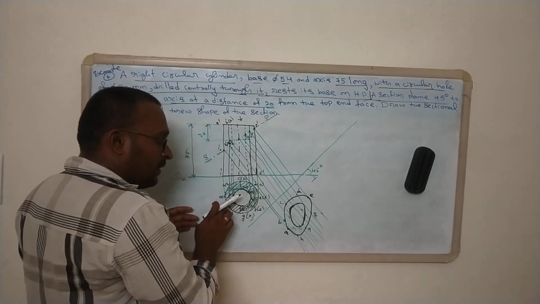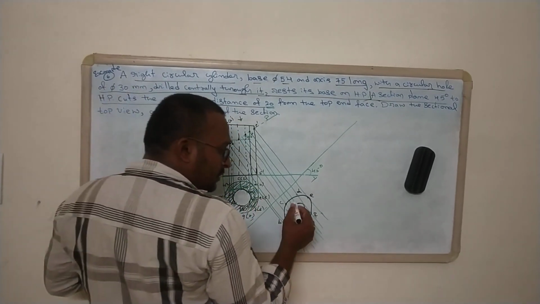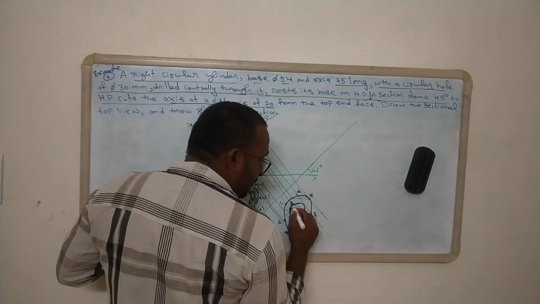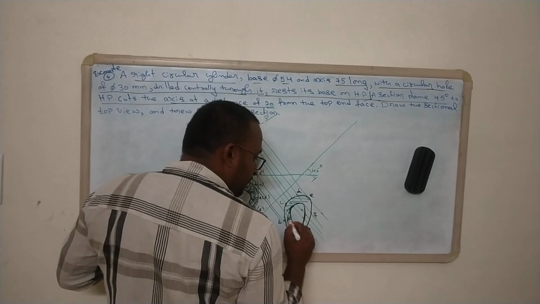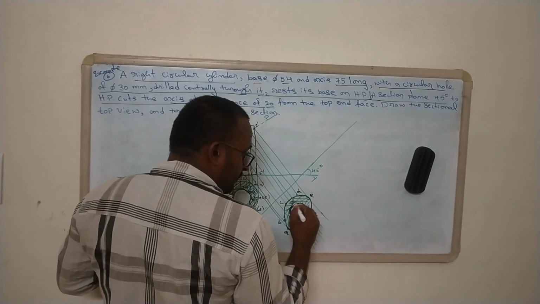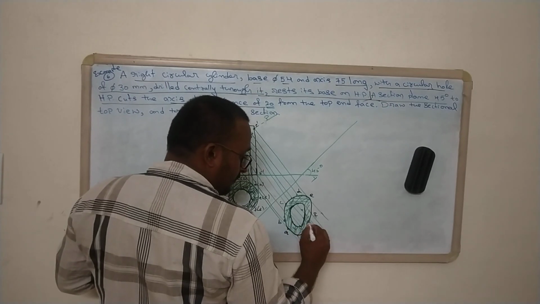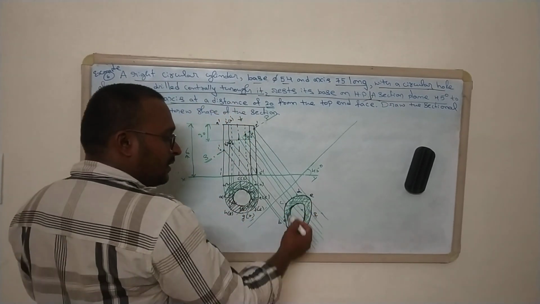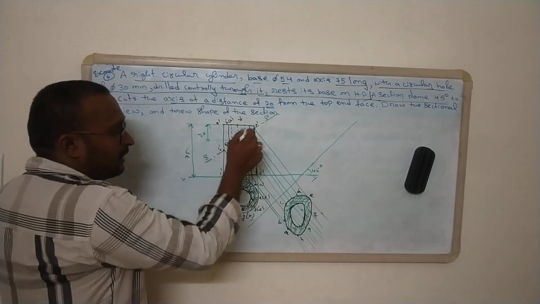So whatever we have seen here, these two circles will be converted into elliptical surfaces. Then we need to hatch them. So here it is the true shape of that particular plane.